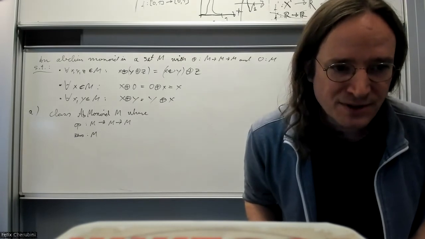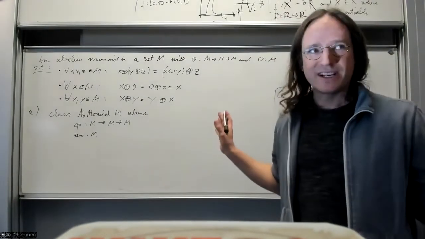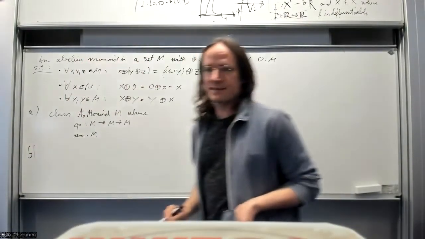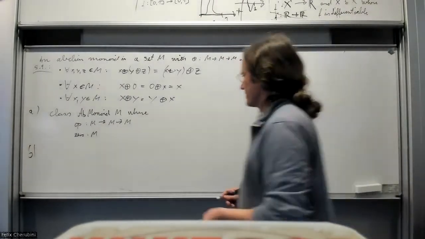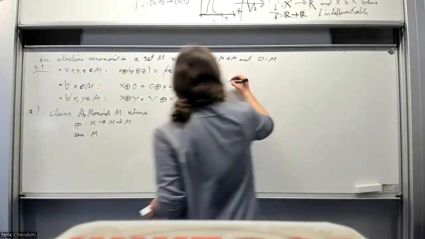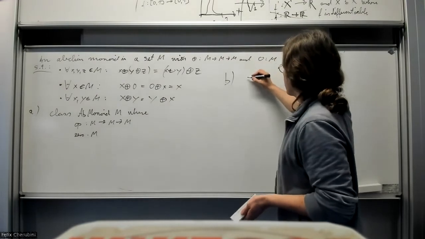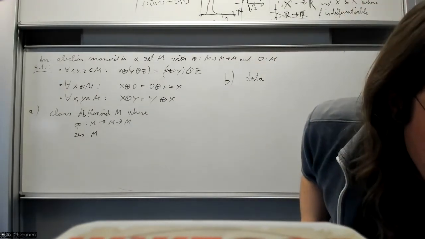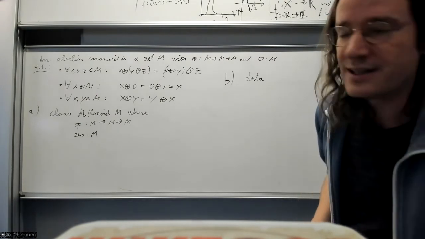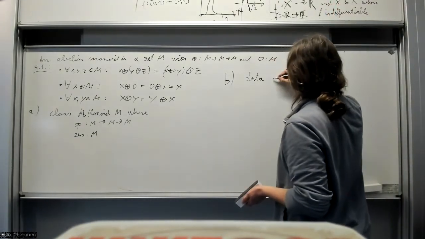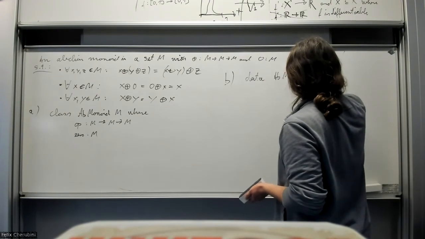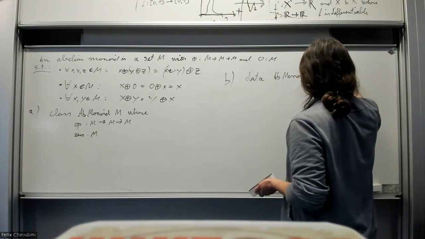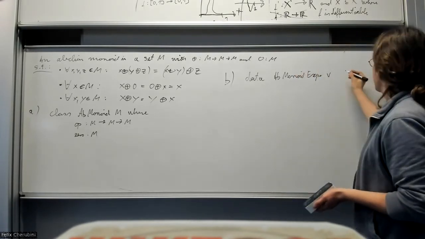And now I guess there are no questions. And then we should do a data type for expressions. Maybe over here. So data, I guess, with a variable type. Yes. So data up monoid expr v, the variable type.